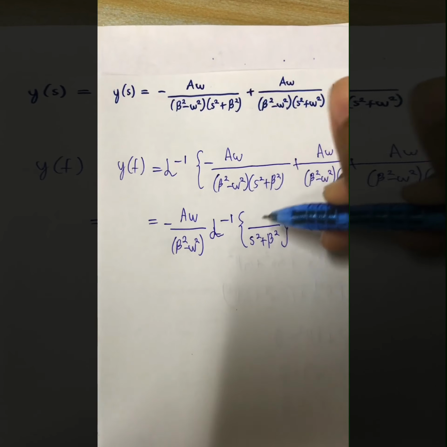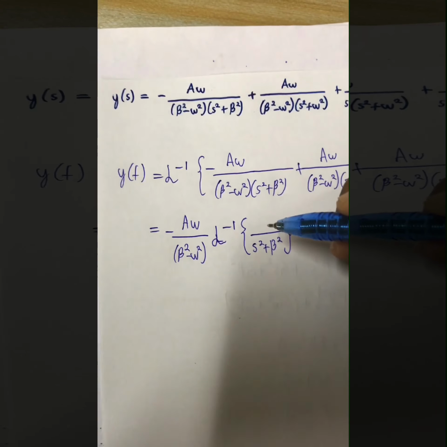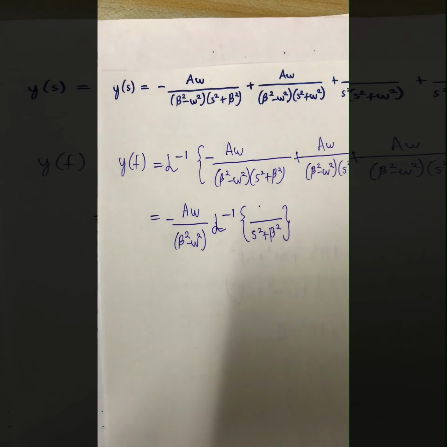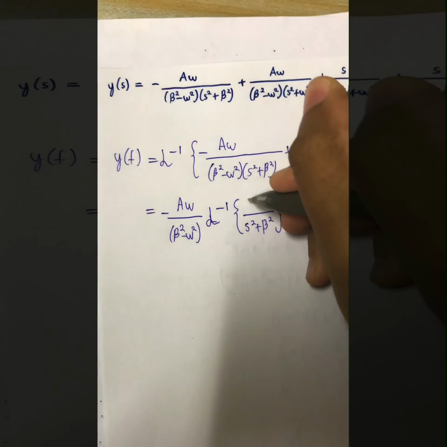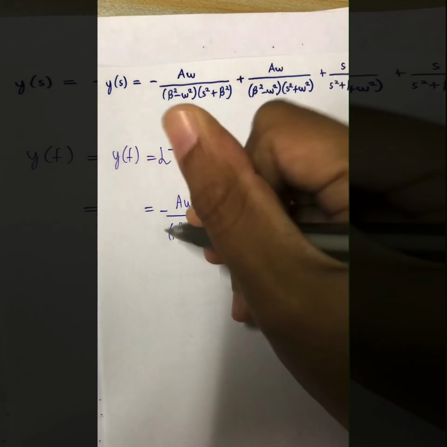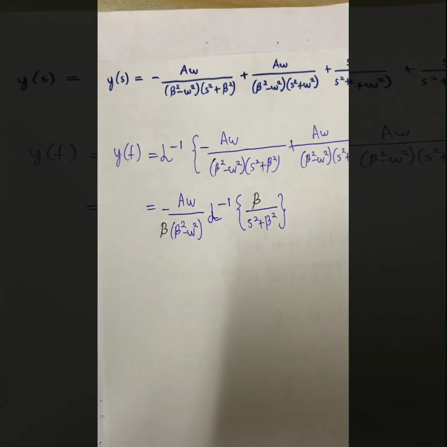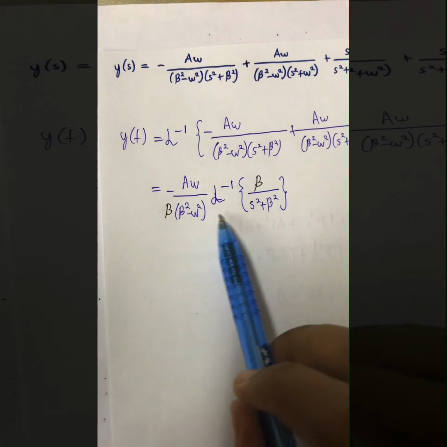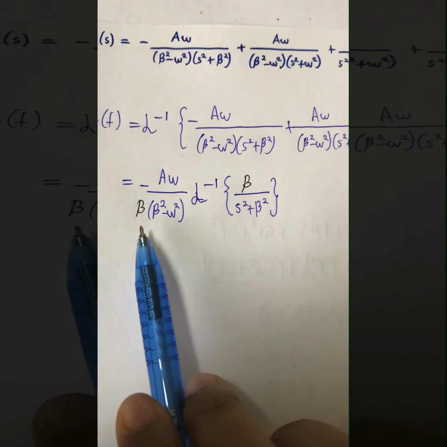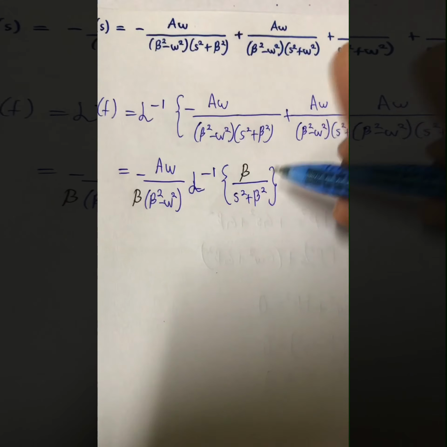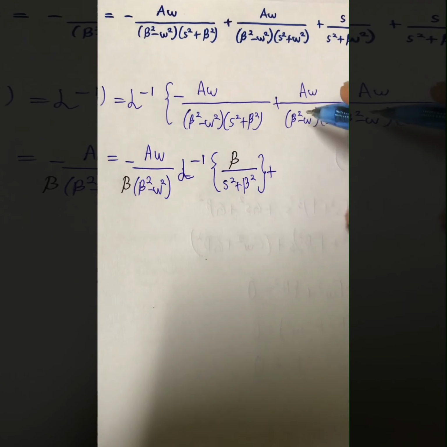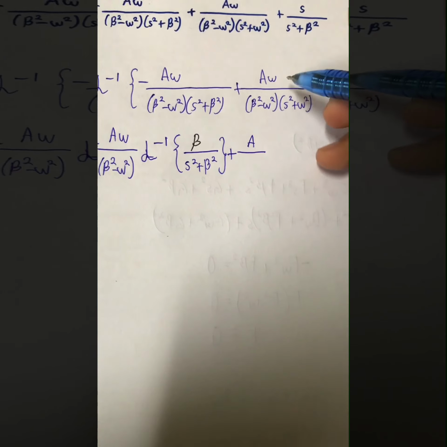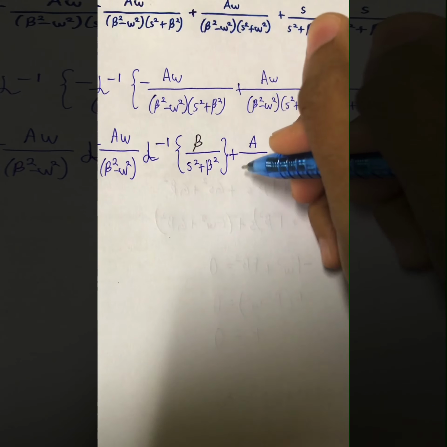Note that the upper part needs to have the constant beta, so we add beta here, and then we also add beta here. It's actually the same, because if we multiply, we can cancel out the beta. And then here we extract out the a only, because we need to leave the upper constant, which is omega.